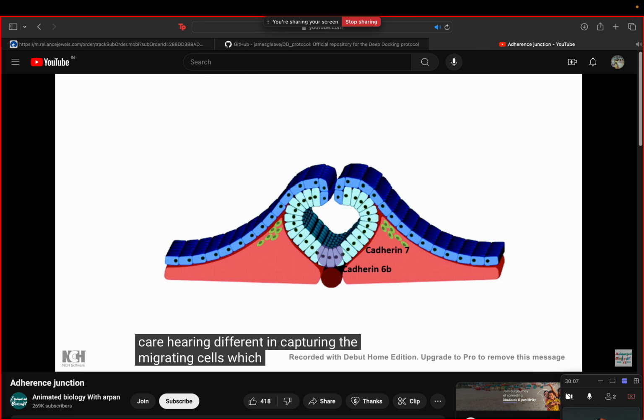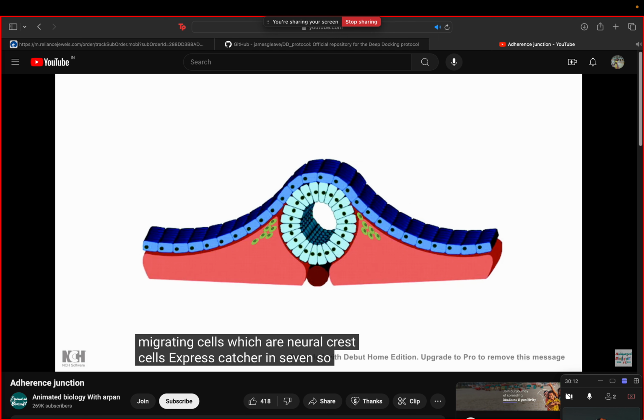The migrating cells, which are neural crest cells, express cadherin 7. So depending upon the type of cadherin it uses, its adhesion properties are very different, and sometimes adhesion remodeling can give rise to cell migration and changes in cellular architecture.